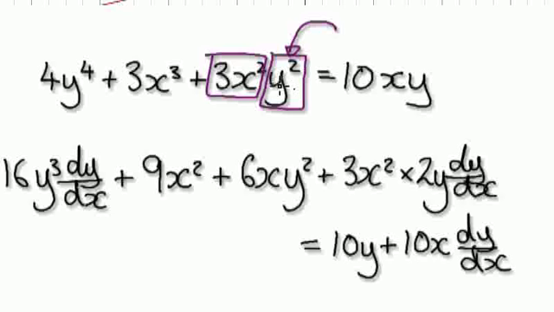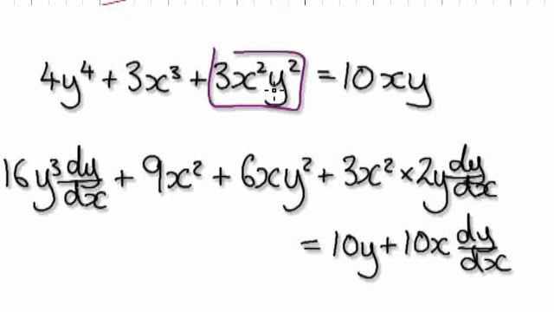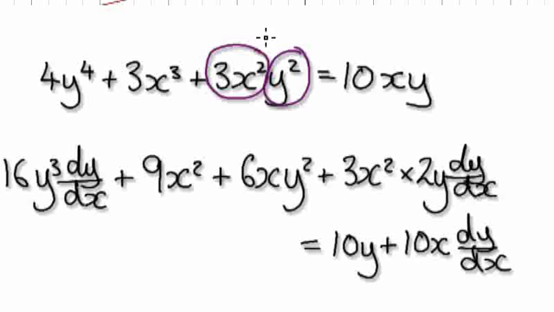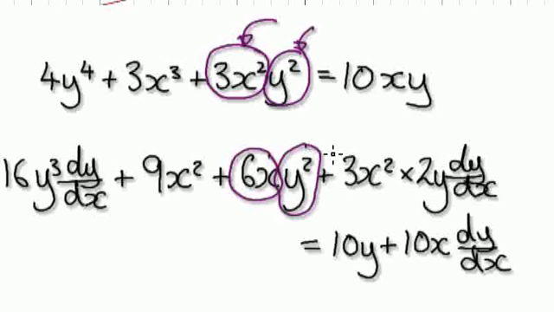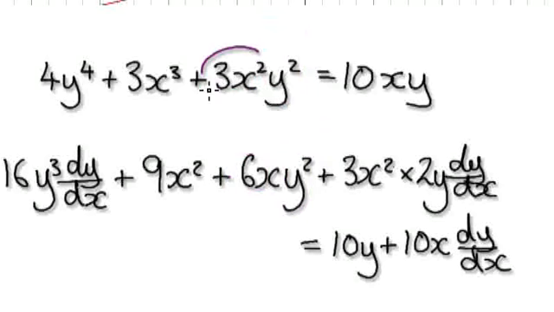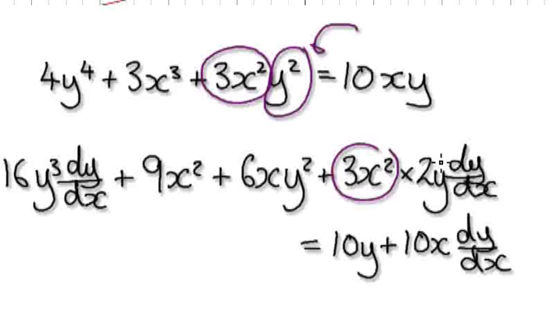So differentiate the first part, that will give you 6x, leaving the second part the same. Then, for the product rule, you have a plus, keep the first part the same, and differentiate this bubble, which is 2y, and then you times by dy by dx.